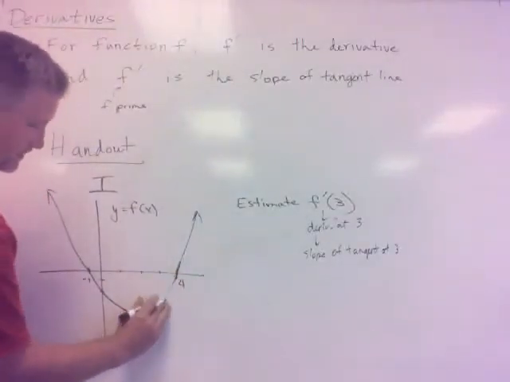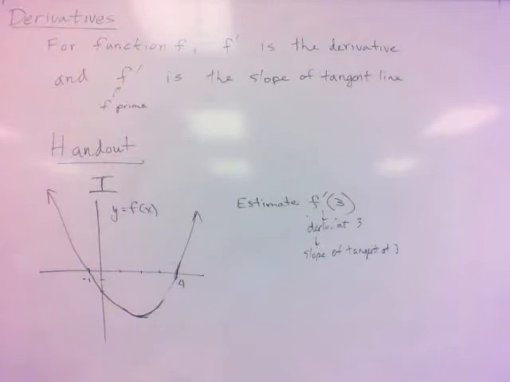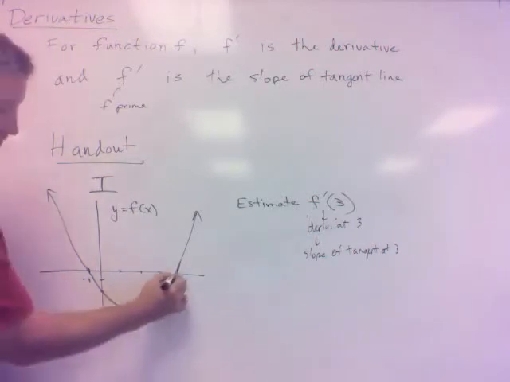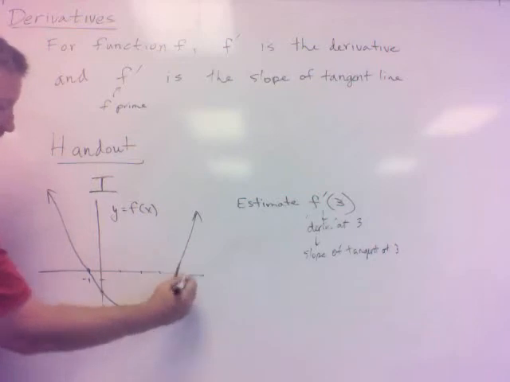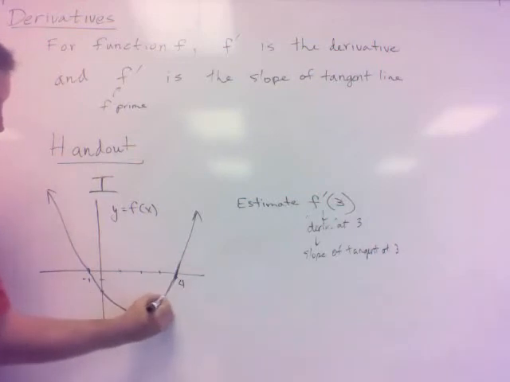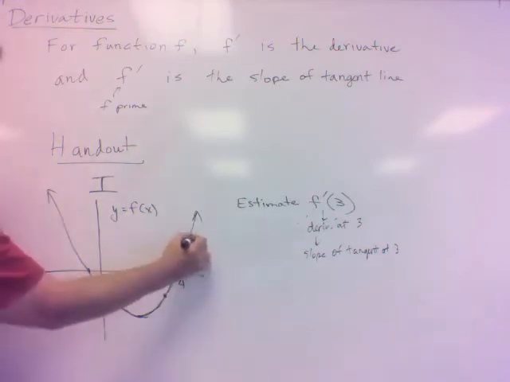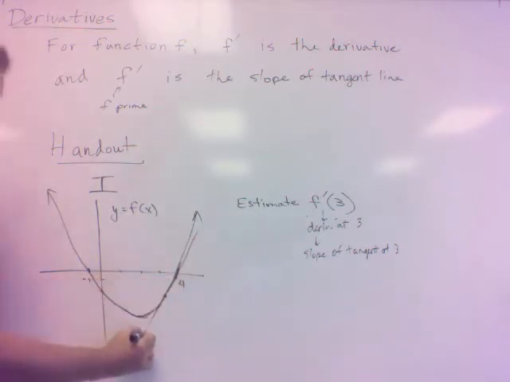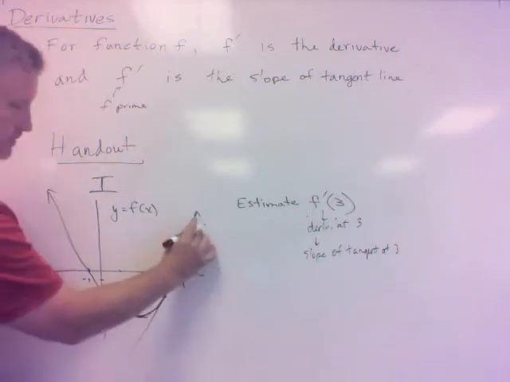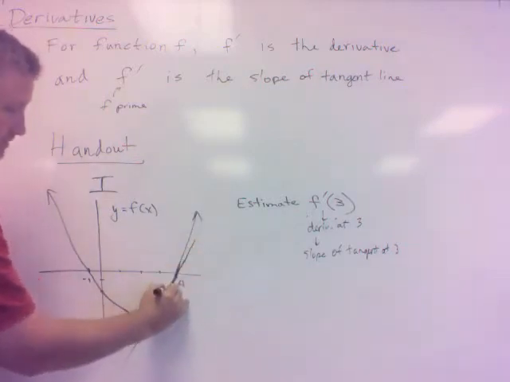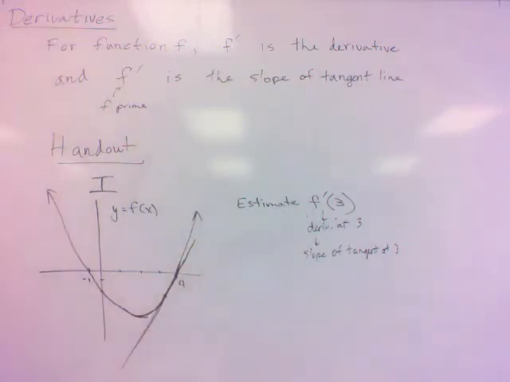Now, I'm not really liking my drawing, but okay. On your paper, like we did way back when, there's my point, the function value at 3, and I'm drawing a tangent line. Not my best one ever, but okay.